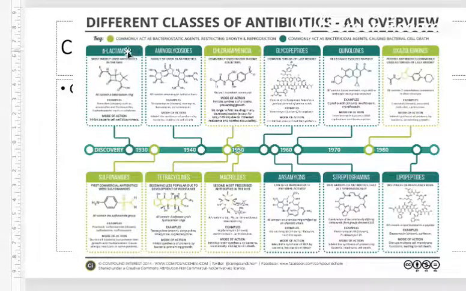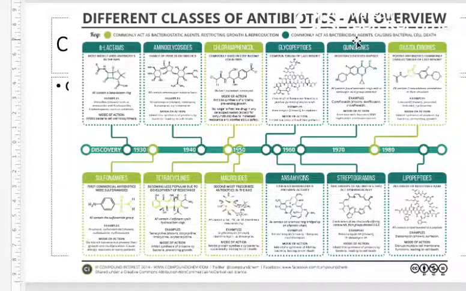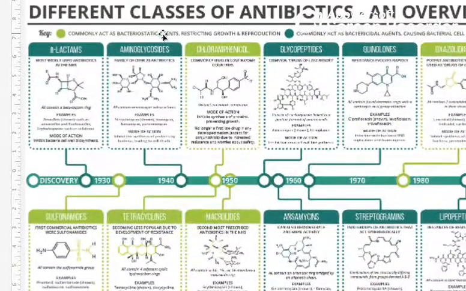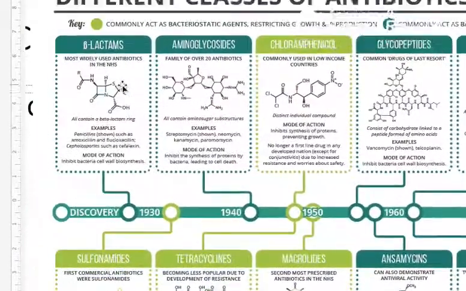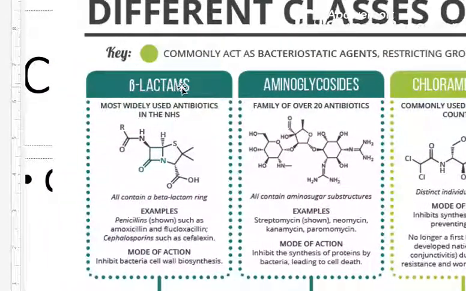The dark green region indicates the bactericidal agents, which will cause the death of the bacteria, and the light green classes are bacteriostatic antibiotics that can slow down or stop the growth of the bacteria or microbe. So we are going to deal with the first class, Beta-Lactam.